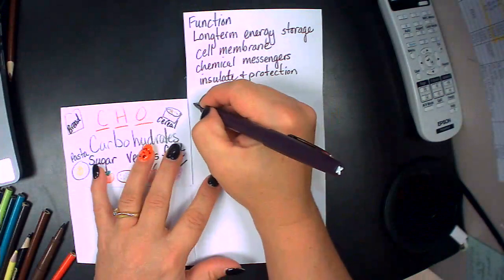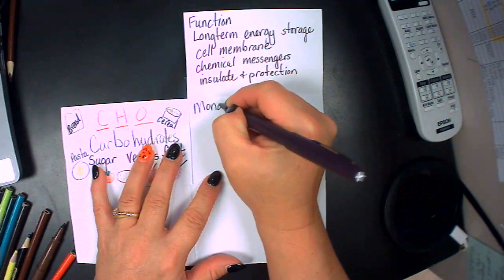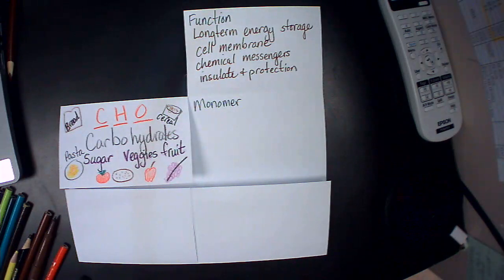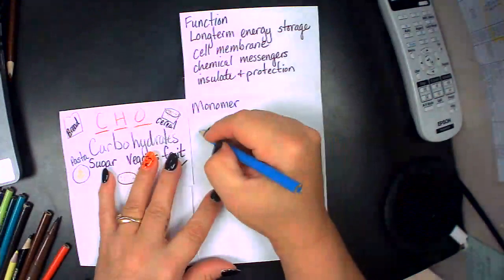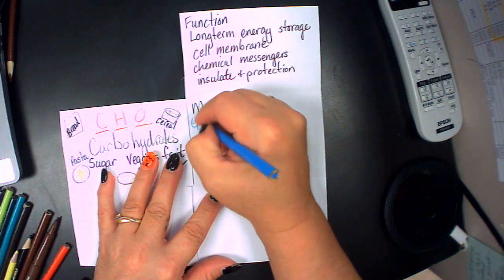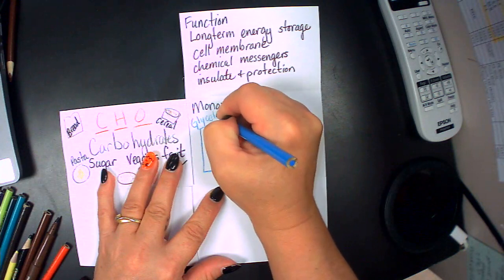And the monomer of a fat, monomer, is a glycerol atom, or not atom, molecule, glycerol.